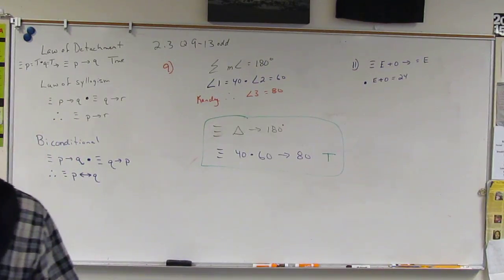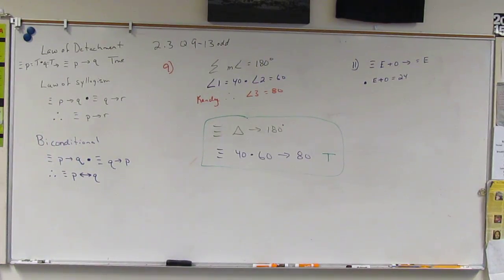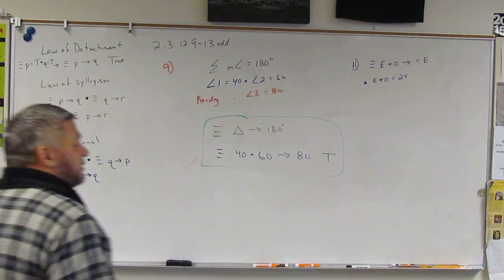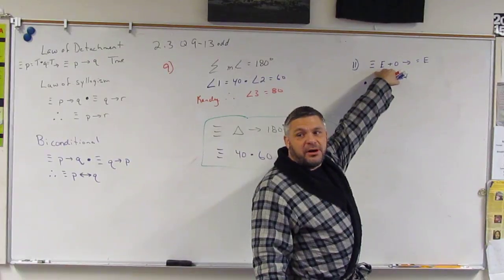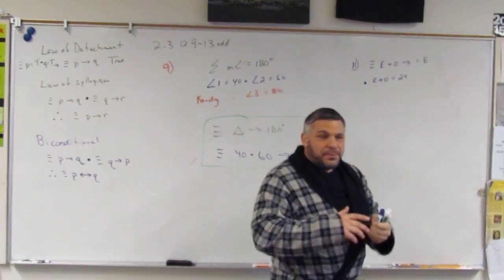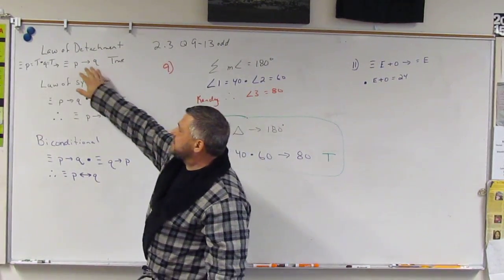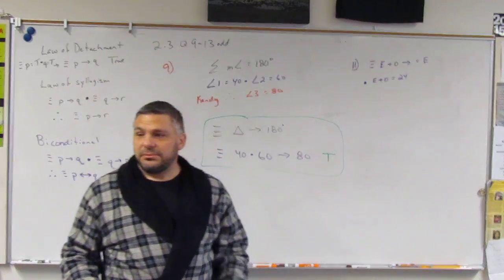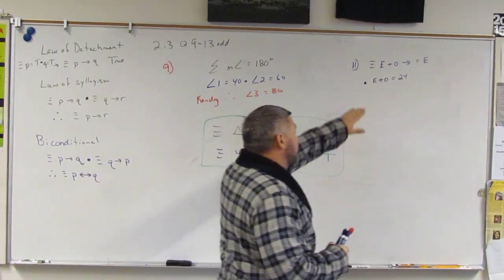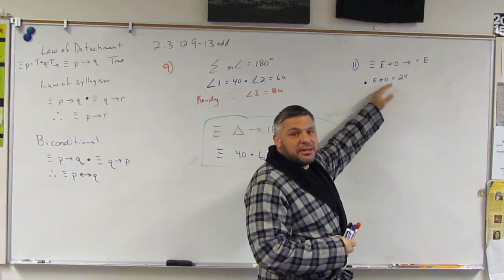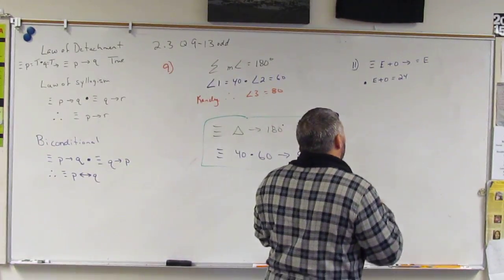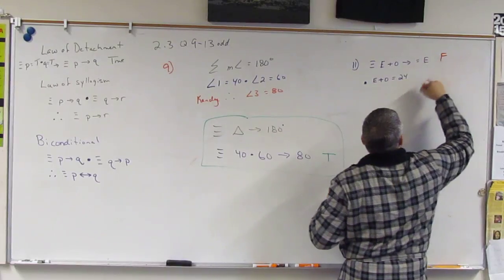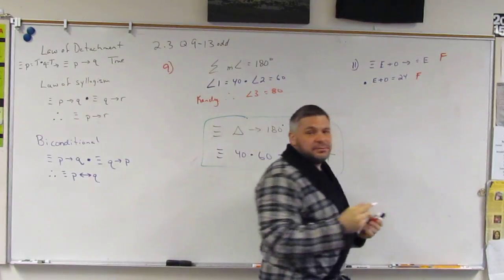So an even and an odd always makes an odd. So this is not correct. See what I mean? This is false. So the law of detachment says this is not true. This cannot be true, that an even plus an odd equals 24, because this is false, this has to be false.